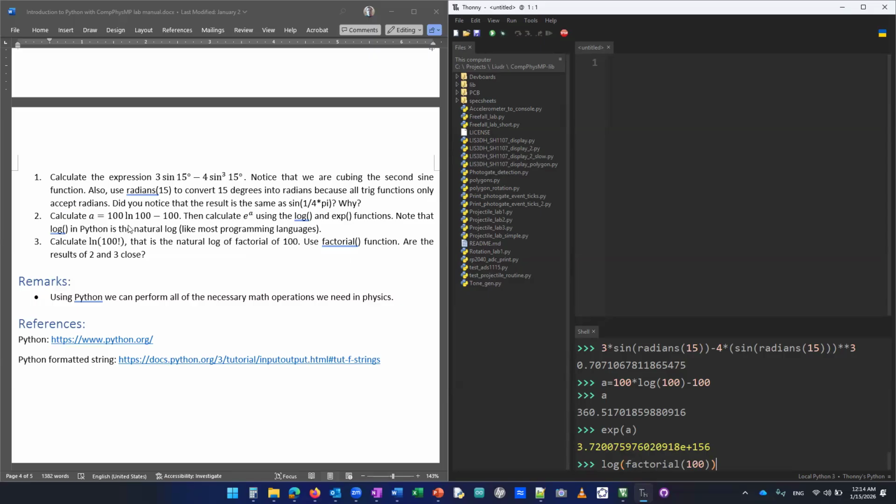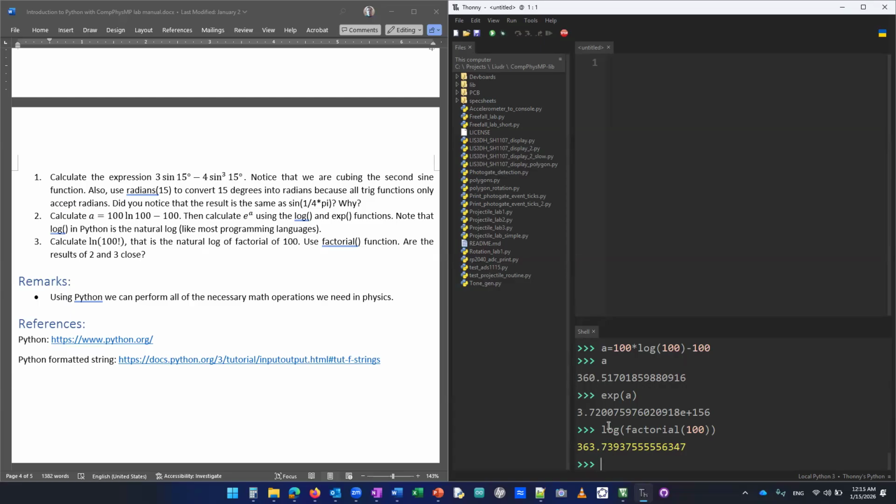And are we supposed to compare 2 with 3? So are these related? Okay, let's see if they're even close. Interesting. The A coming from the 2 calculation, 100 times natural log 100 minus 100, is 360. If you round to even, 360.